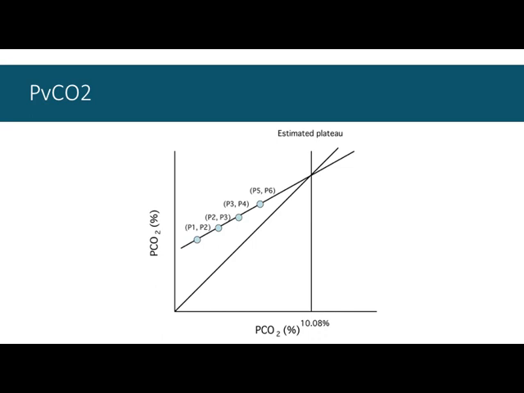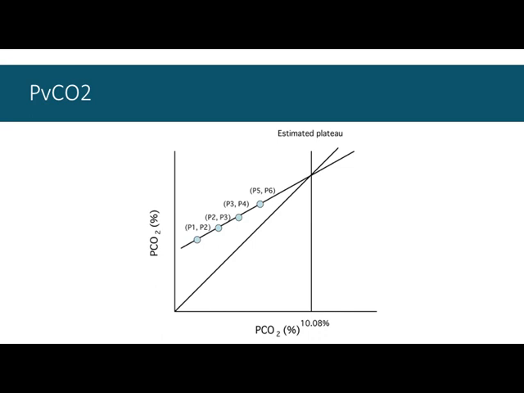So on this plot, I'm showing you the CO2 of one breath, or the CO2 of one point on the x-axis, and the CO2 of the next point on the y-axis. In the very first example, P1, P2, x and y coordinates, I have CO2 in the first point and CO2 at the second point. And I'm just plotting one breath or one point versus the next one.